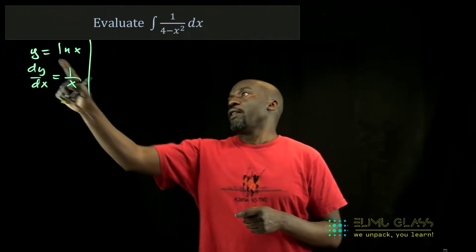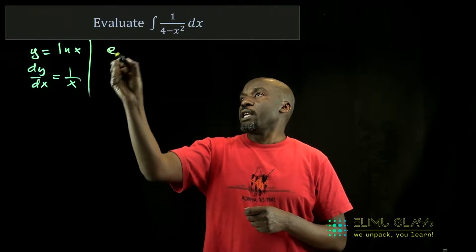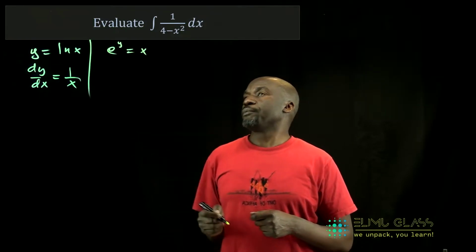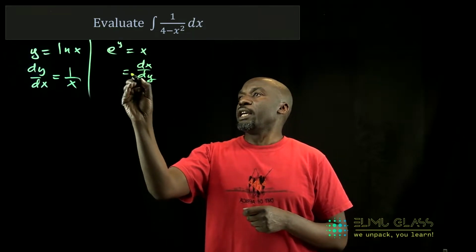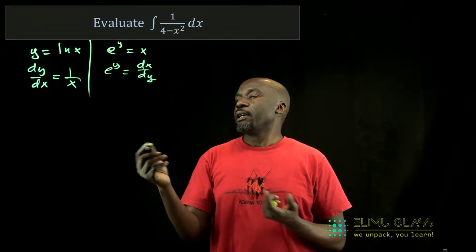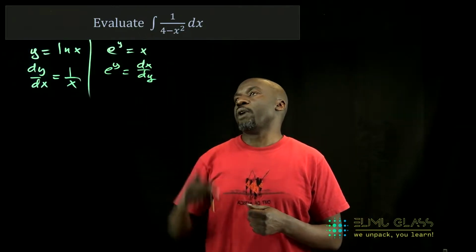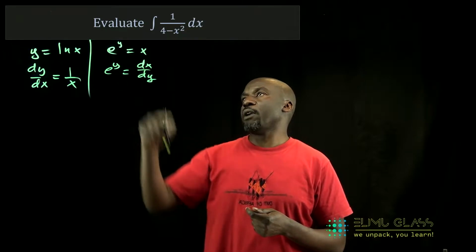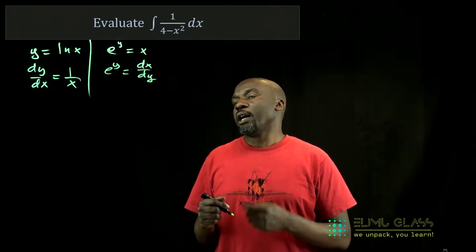we don't. Then we can write this expression as e power y is x, all right? So dx by dy is e power y, okay? So dx by dy is e power y because the derivative of e power y is e power y if we are differentiating with respect to y.